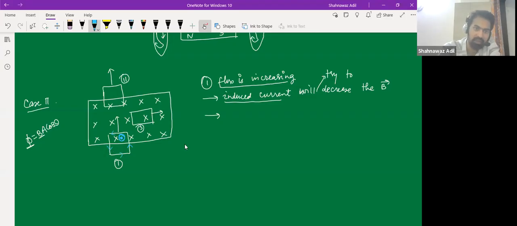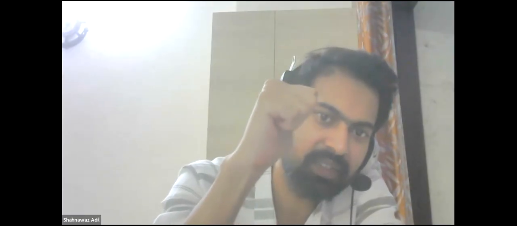And you can see that you are putting your thumb in the upward direction and you are curling, right? So this is anti-clockwise. And you can also see from the current. The current is going in this anti-clockwise direction. So what is the direction that it is giving to the magnetic field? Outward, right? So understood about the direction?